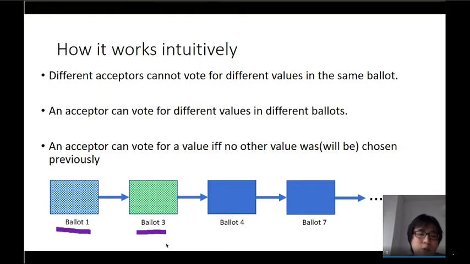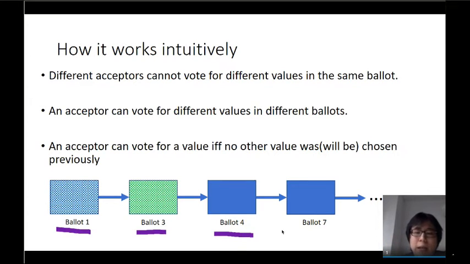But it also does not succeed, which means fewer than a majority of acceptors voted for the green value. So in the next ballot, ballot 4, another proposer tries to repropose the blue one, and it succeeds in this ballot. So a majority of acceptors voted for this blue value.